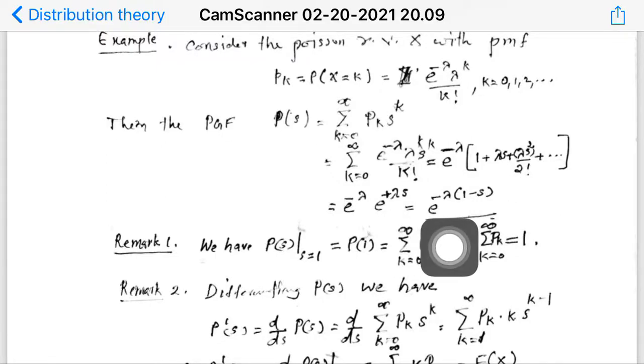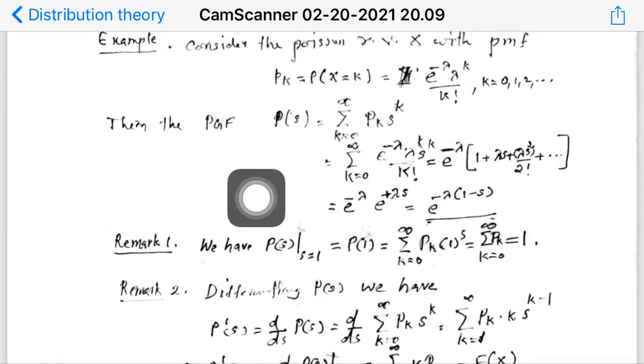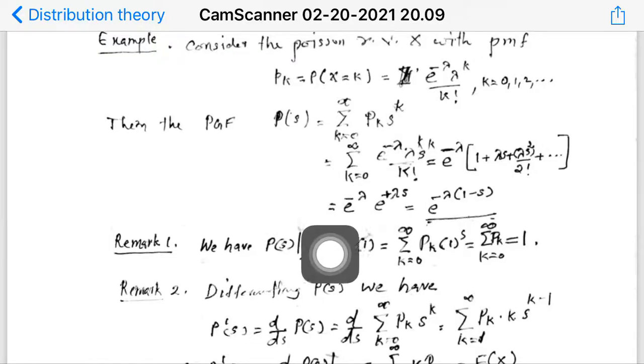On simplification you will get this is equal to e to the power of minus lambda into 1 minus s. Okay, and you can find the PGF of many examples.